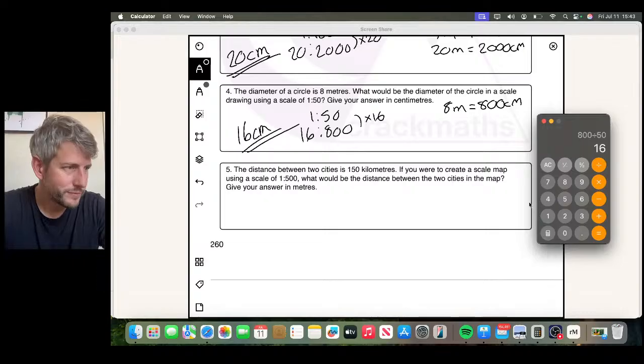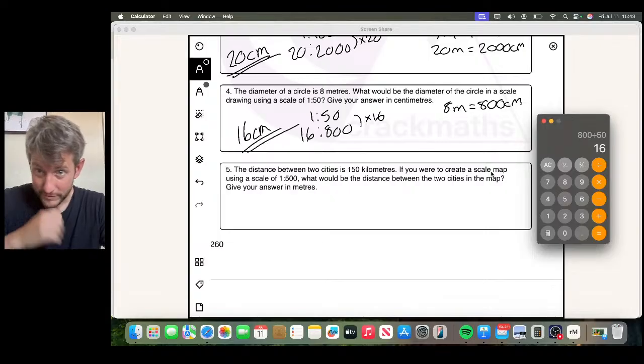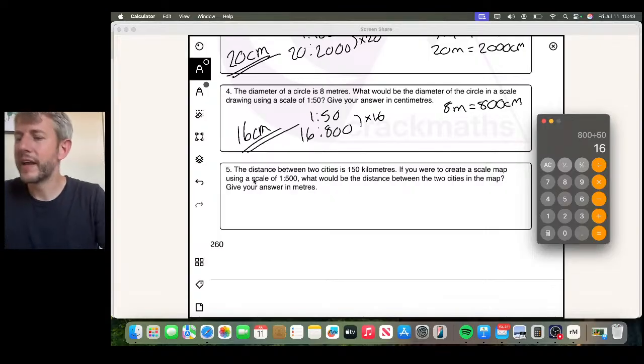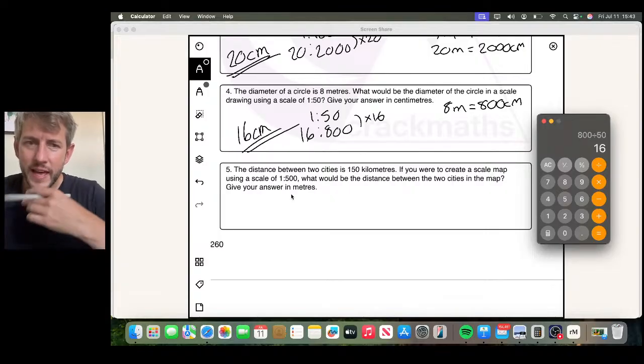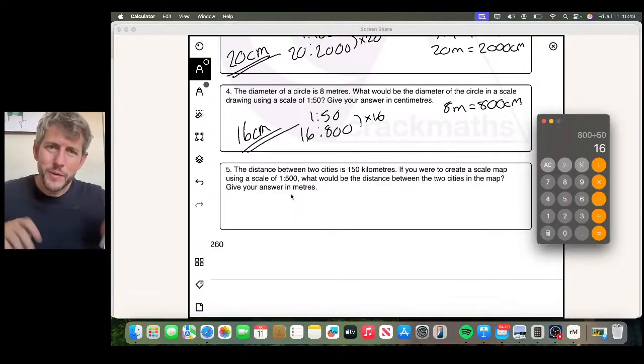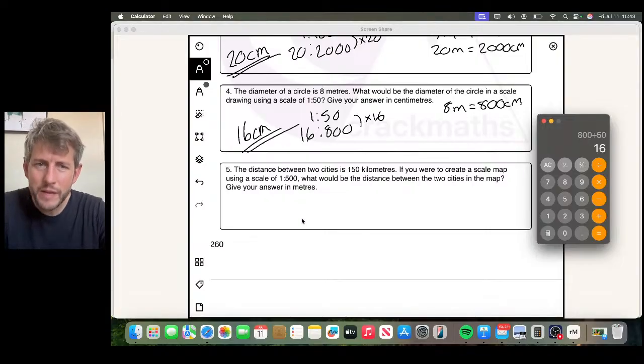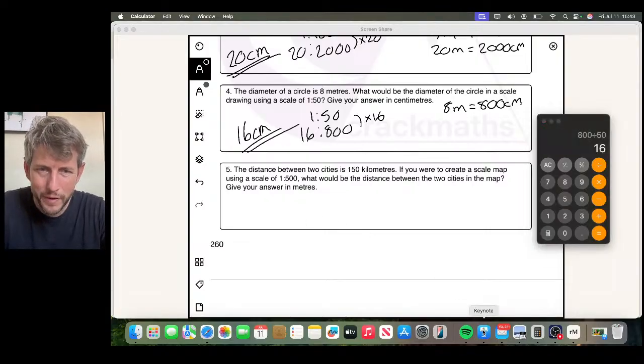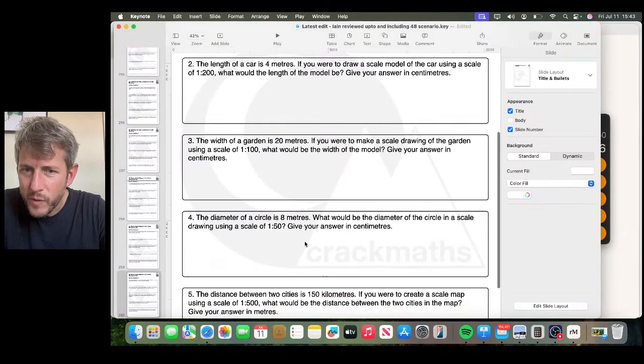Okay, right. Question 5. The distance between 2 cities is 150 kilometres. If you were to create a map, I think we can say if you were to create a map, because I think the map implies the scale, doesn't it?